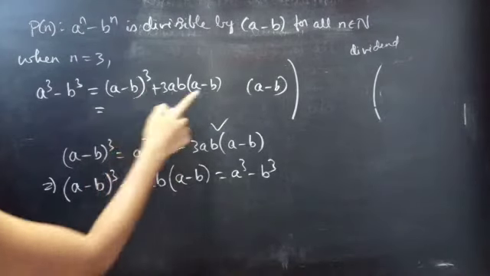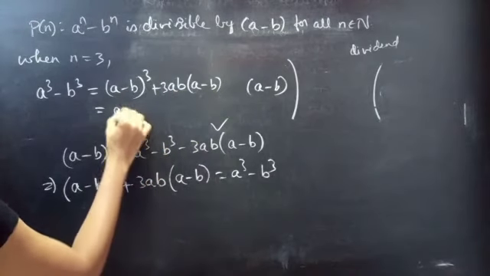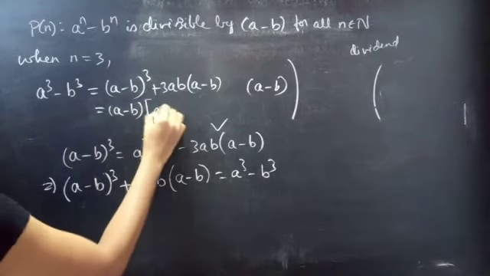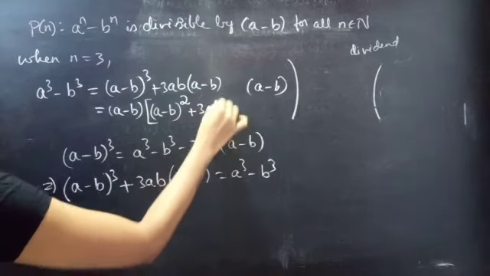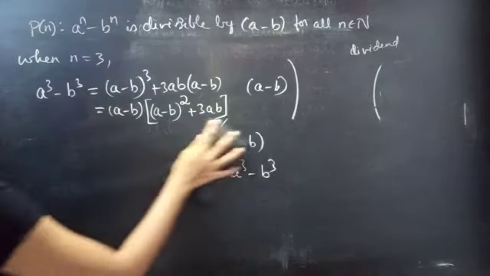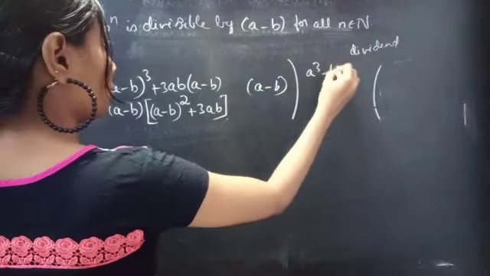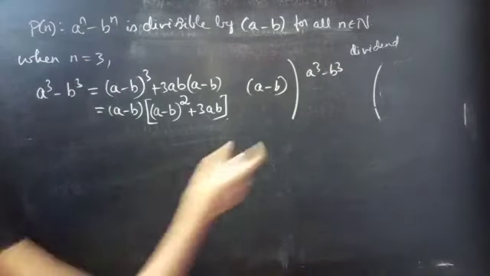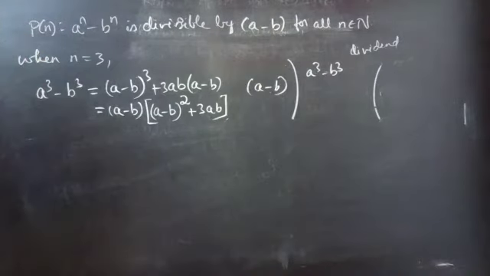Again, we have a minus b in both the terms, right? So we can take a minus b common from these two terms and you'll get a minus b times a minus b whole square plus 3ab, right? So now we'll check whether a cube minus b cube is divisible by a minus b or not, right?